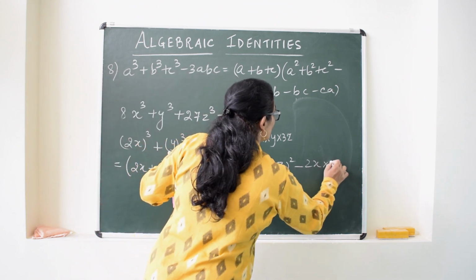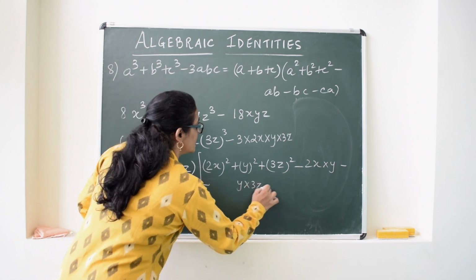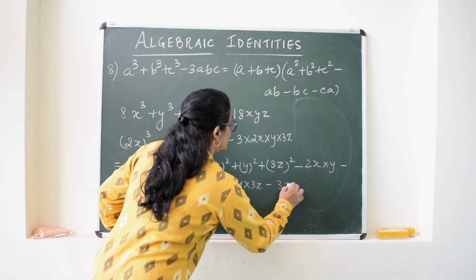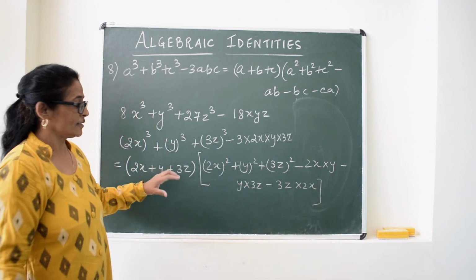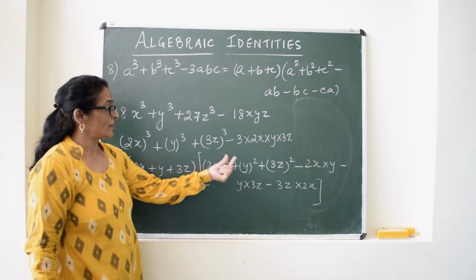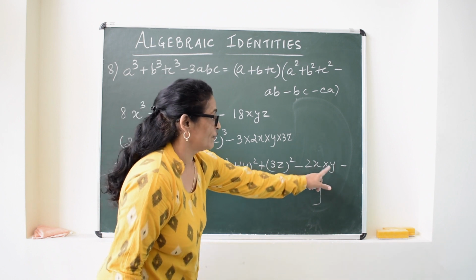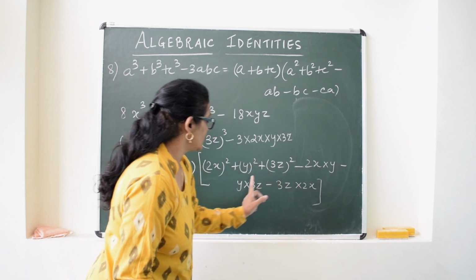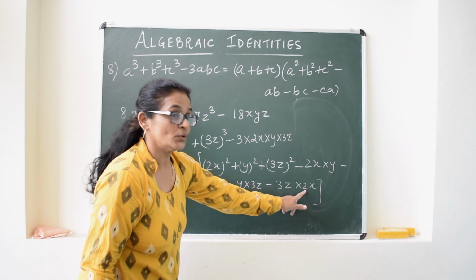So 2x into y minus y into 3z minus 3z into 2x. So it is a plus b plus c into a square plus b square plus c square minus ab, first term into second term, minus bc, second into third term, minus third into first term.